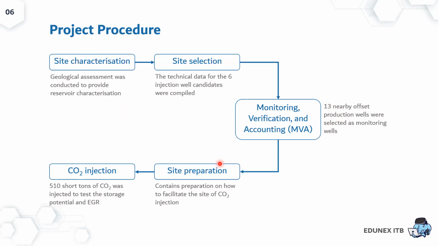Then there is site preparation to facilitate the proper site of carbon dioxide injection. And last but not least, the injection of 510 short tons carbon dioxide to test the storage potential and enhanced gas recovery of gas-bearing shale. Then I will explain each procedure in more detail in the following slides.